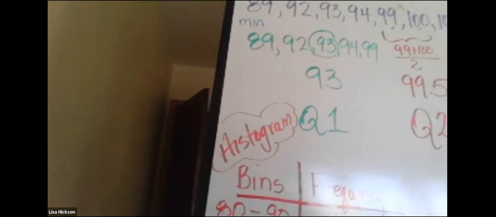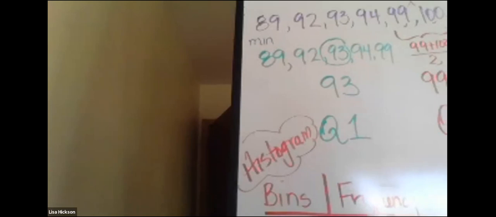Then from 100 to 110, we count from 100 to 109. We only have one term, and that term is 100. From 110 to 120, we count from 110 to 119. Wait, oh, I messed up here. Sorry, go back. 100 to 110, we have 2, because it's 100 and it's 107.